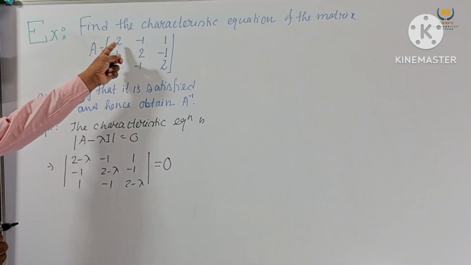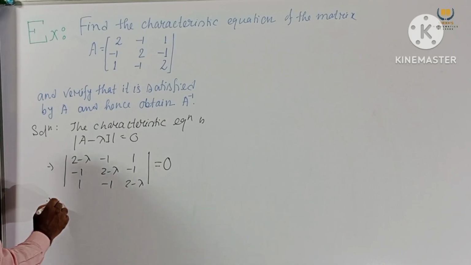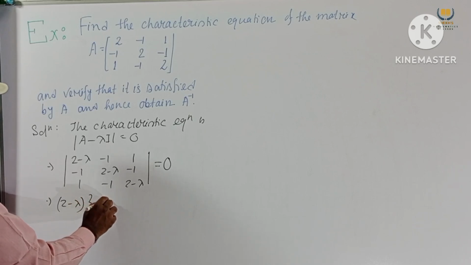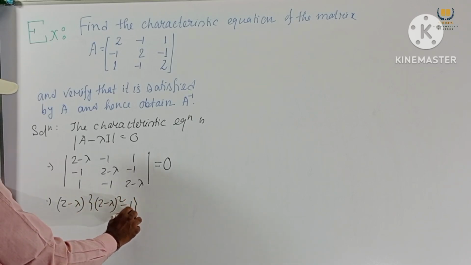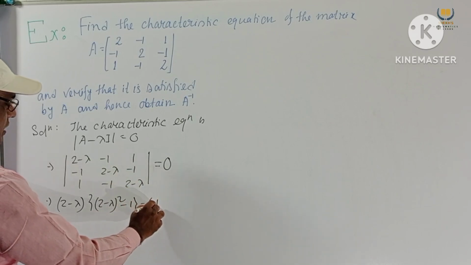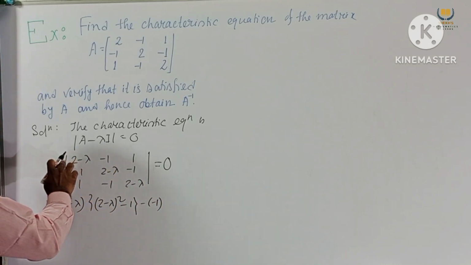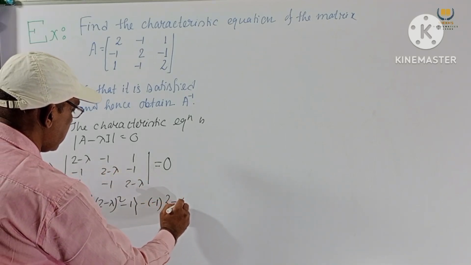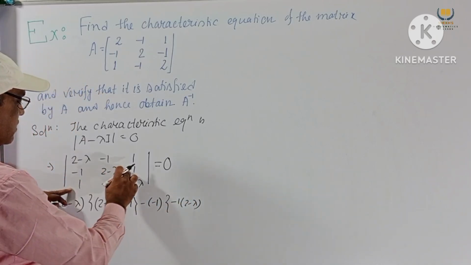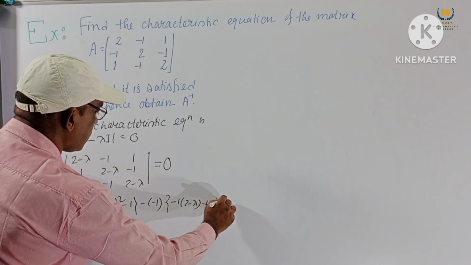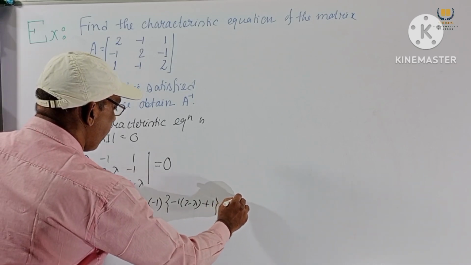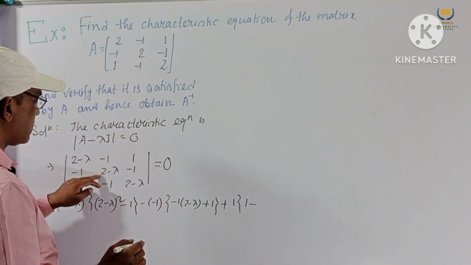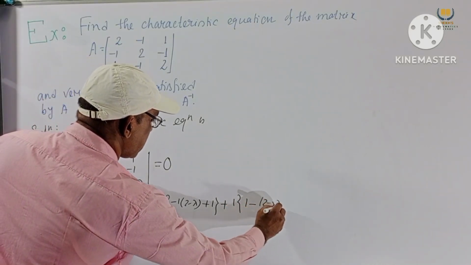Just subtract lambda from the diagonals and expand. We get (2 minus lambda) times ((2 minus lambda) square minus 1), then minus (-1) times (-1 times (2 minus lambda) plus 1), plus 1 times (1 minus (2 minus lambda)).